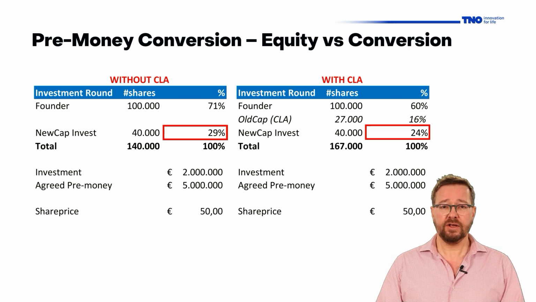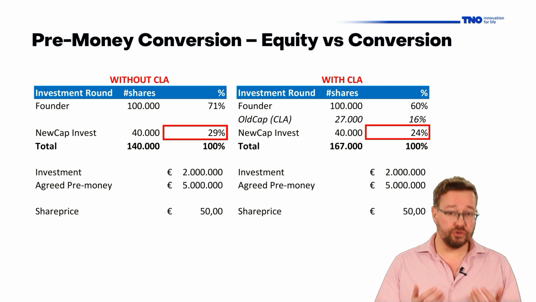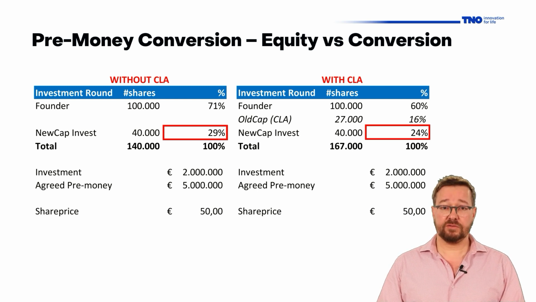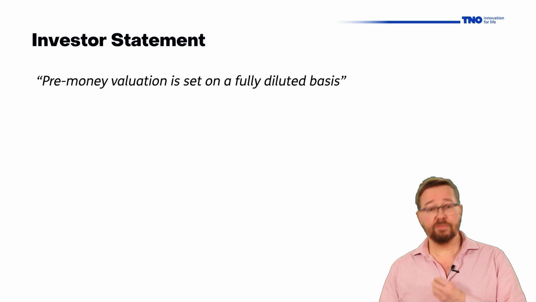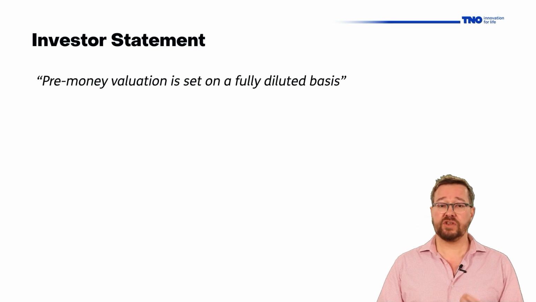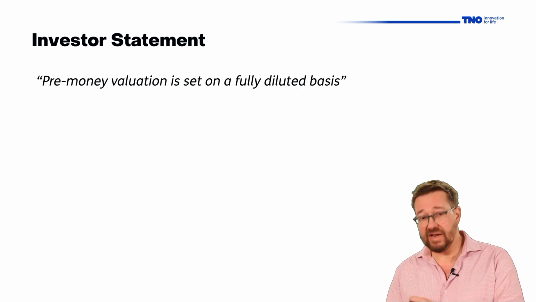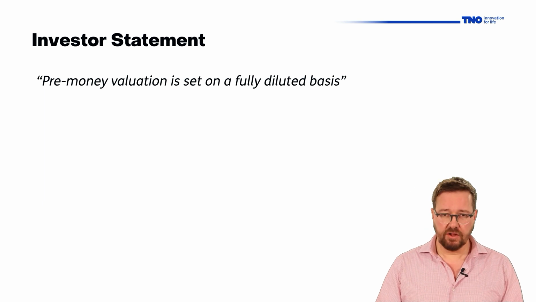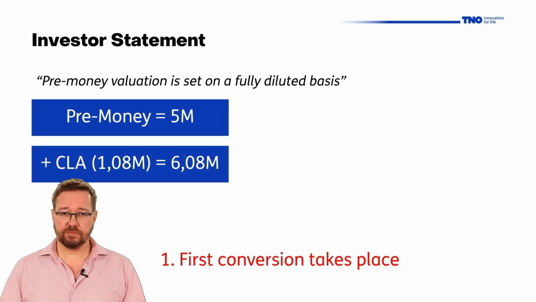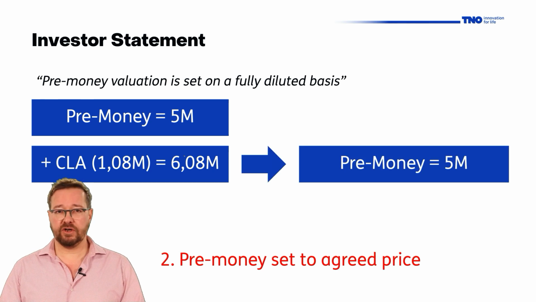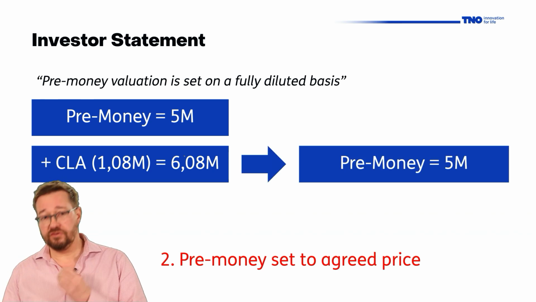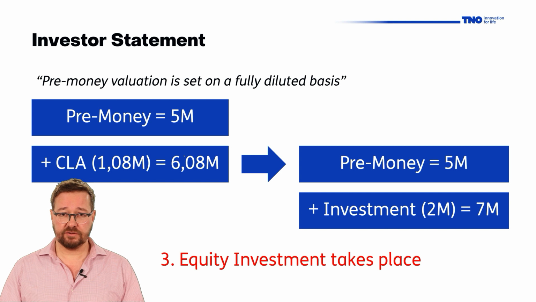It's probable that in our example, the investor Newcap Invest would address this by stating that the pre-money valuation will be set on a fully diluted basis. This means first the CLA conversion takes place, then the pre-money is set to the agreed price, then the equity investment takes place.